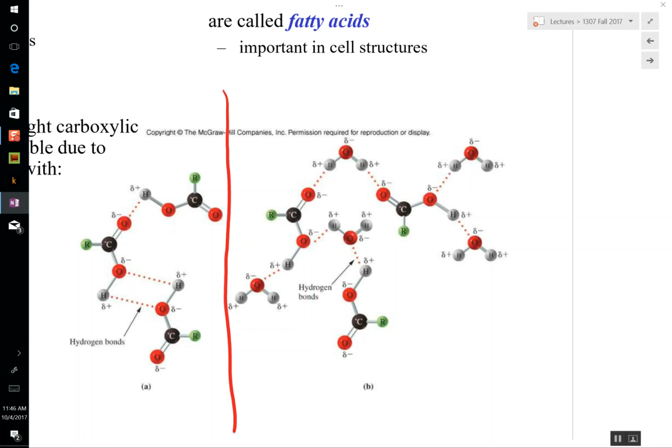There are lots of opportunities for hydrogen bonding between them, more than with an alcohol. This is about all you have with an alcohol, right here. But with a carboxylic acid, you have this, and because you're driving this electron into this area even stronger, the separation of charge is greater, and you get stronger hydrogen bonds.